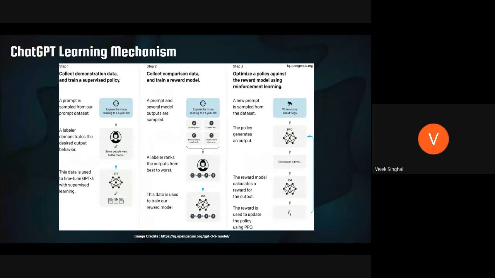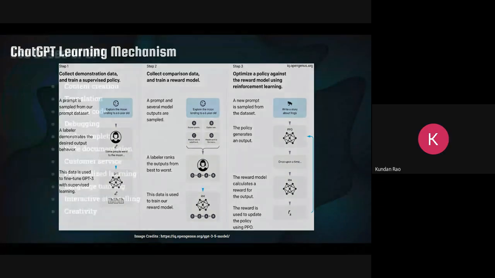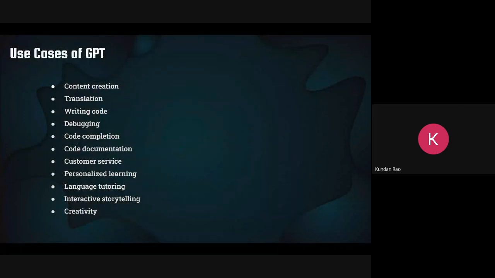Okay, coming to the use cases of GPT, one could generate content for blogs that we write these days, and web pages too. And translation, as I showed right now, like translating from one language to another without human intervention. Then you could use it to write code. Suppose you're a beginner who is trying to learn coding, you could use it to write code.